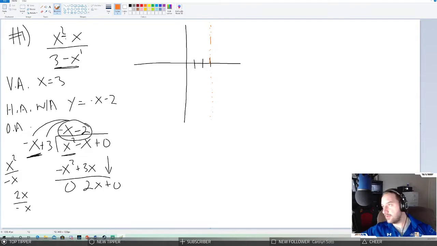No, it comes up fine. And then I have my slant asymptote. That's a line, and I want to graph this line here. So down 2, and then it's going to go down 1 over 1, down 1 over 1. And so this line here, that's going to be my slant asymptote.